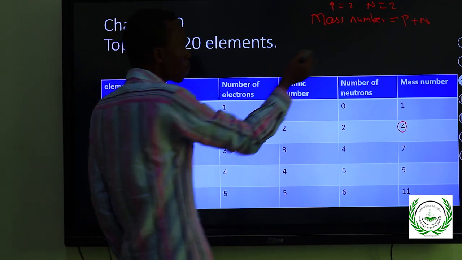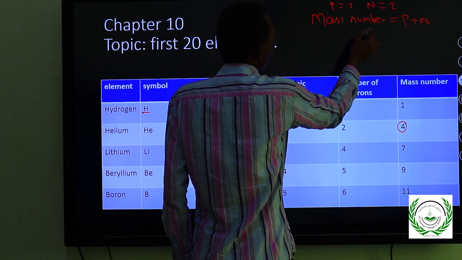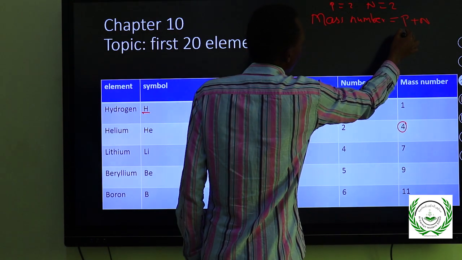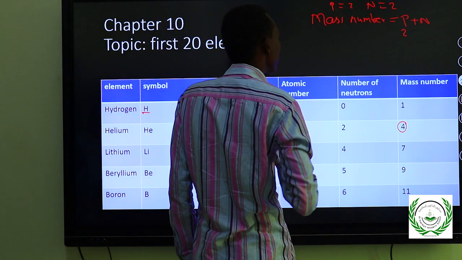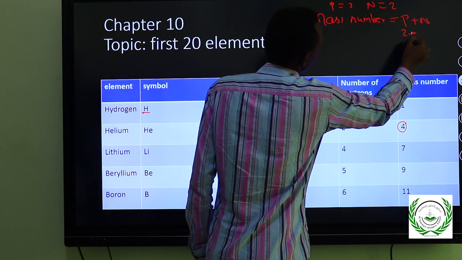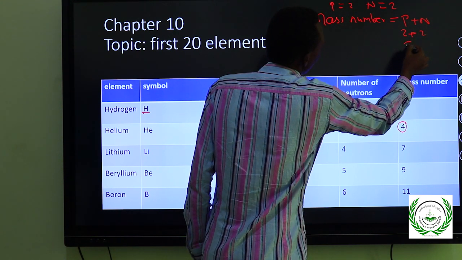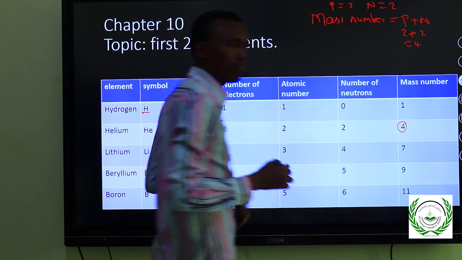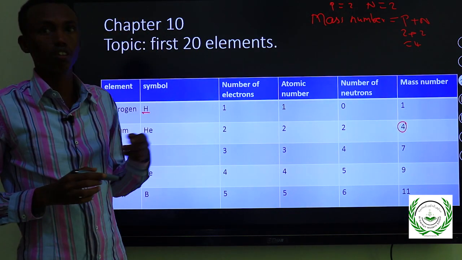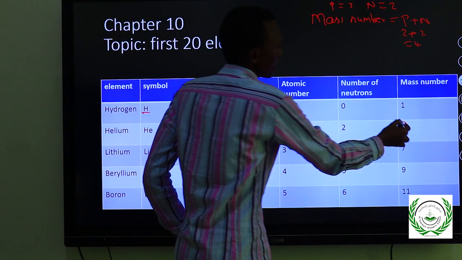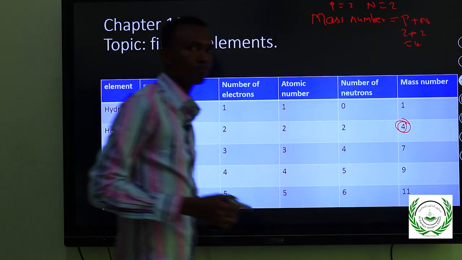We have 2 protons plus 2 neutrons, equal 4. So the mass number of helium is equal to 4. We can see from the table that it is equal to 4.